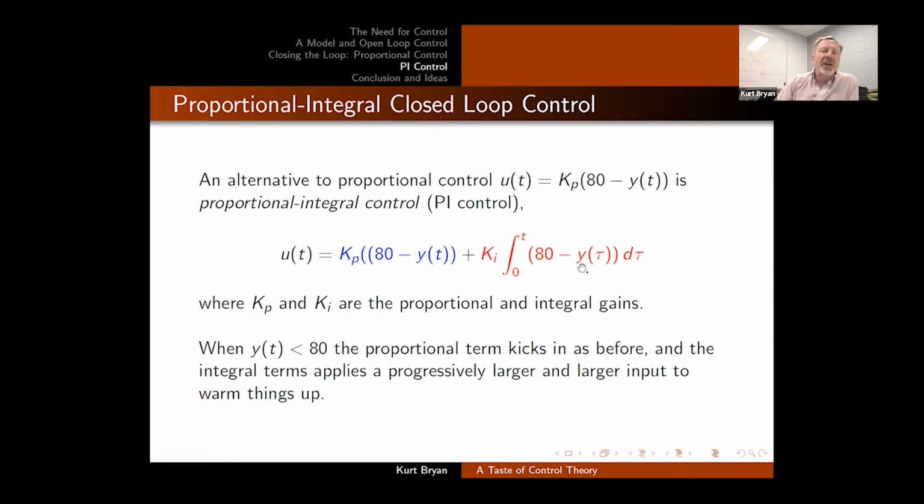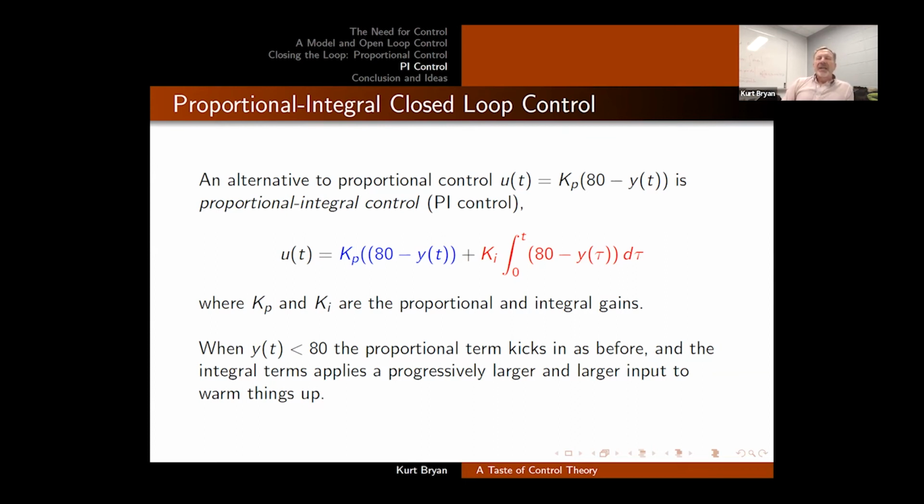If Y of t is running too low and it stays too low, if it's consistently low, the integral is integrating that over time and winding up the control, so if it's persistently low, it keeps cranking the control up, trying to drive that bias out of the system. Or if Y of t is persistently too hot, this integral will run consistently negative and build up until U of t gets sufficiently negative to drive the temperature back to 80.